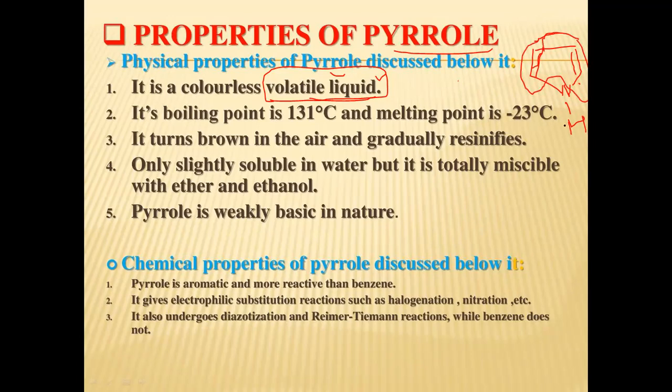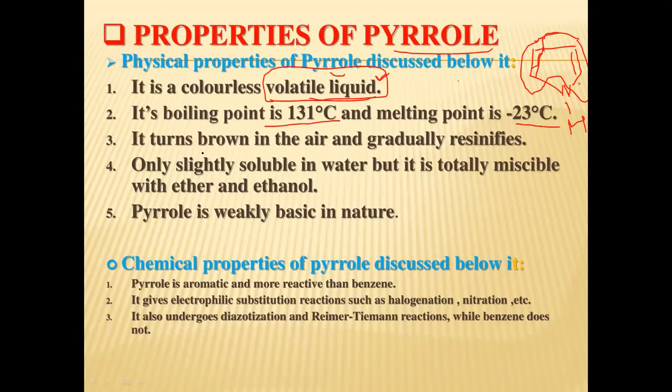It means the non-polar portion of this molecule is more than the polar portion. So this molecule is mostly considered non-polar, and due to this it is volatile in nature. Its boiling point is 131 degrees centigrade and melting point is minus 23 degrees centigrade.